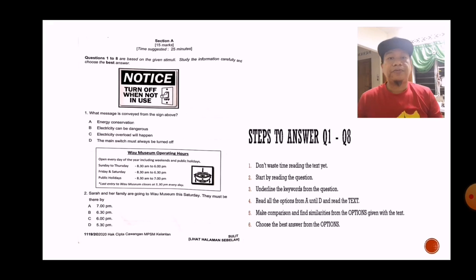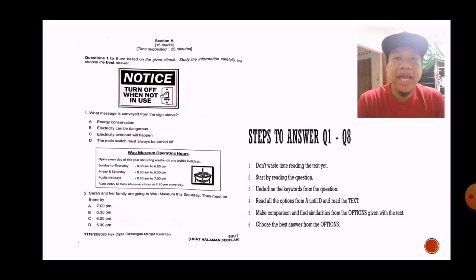Now only then you read the option. Let us look at A. A is energy conservation. By the way, energy conservation means jimat tenaga. B is electricity can be dangerous. C, electricity overload will happen.